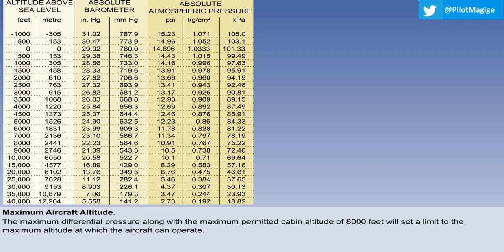This maximum differential pressure, along with the maximum permitted cabin altitude of 8,000 feet, will set a maximum for the altitude at which the aircraft can operate. As you can see from this barometric pressure table, the air pressure at 8,000 feet is 10.91 psi.